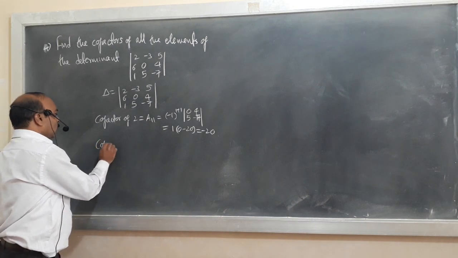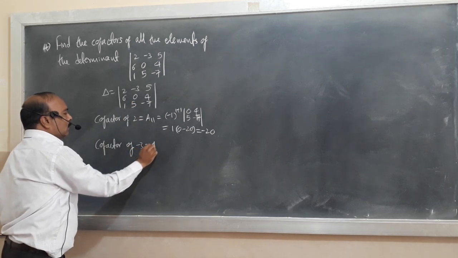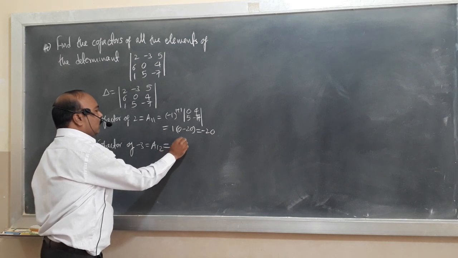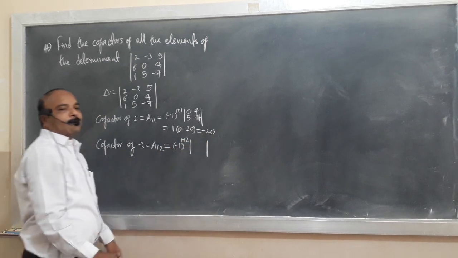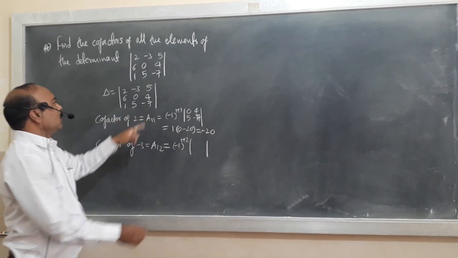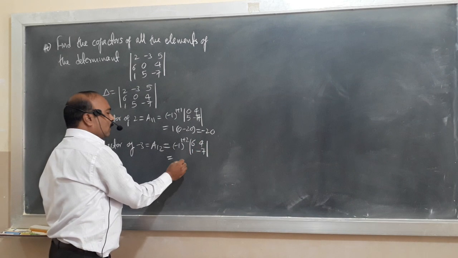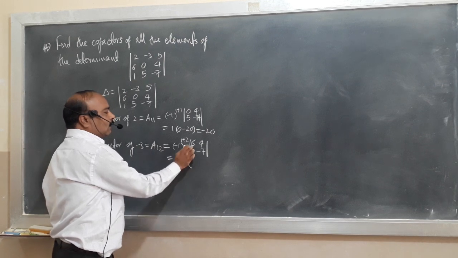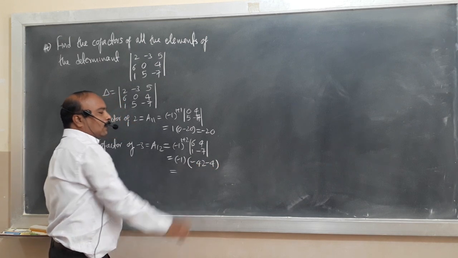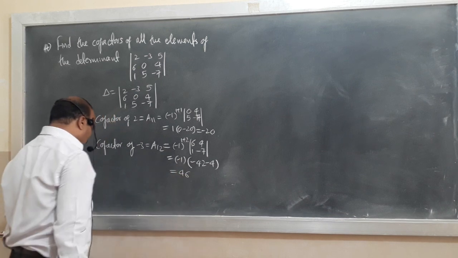Next, the cofactor of the second element, -3, that is a12. It is given by (-1) power 1+2 into the minor of the determinant. Deleting this column and this row, you get 6, 4; 1, -7. So this is equal to (-1) power 1+2, which is -1, into (-42 - 4). -42 - 4 is -46, into minus, gives +46.